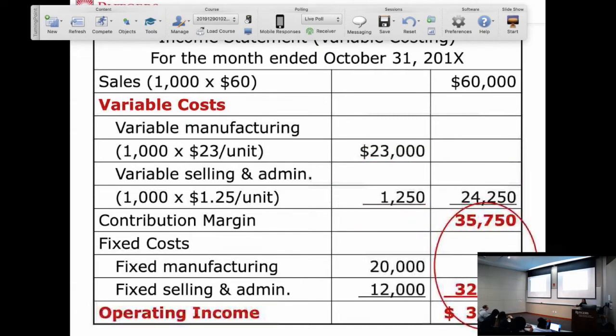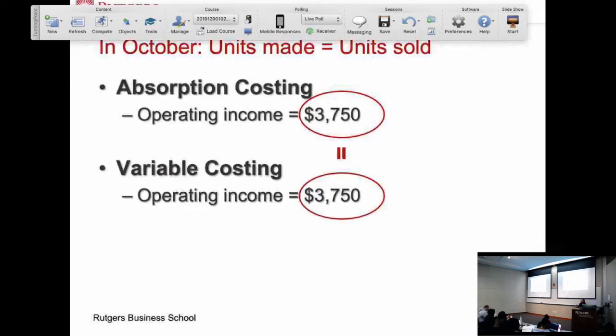So the conclusion is that when we make the same amount of units as what we sell, the operating income is the same under different costing methods. So this is the first step of our analysis, and things will become more complicated when the relationship changes.